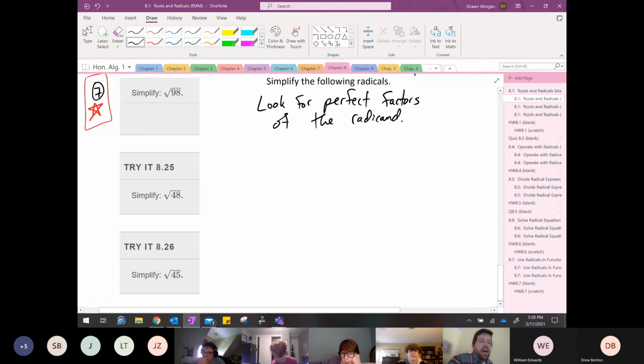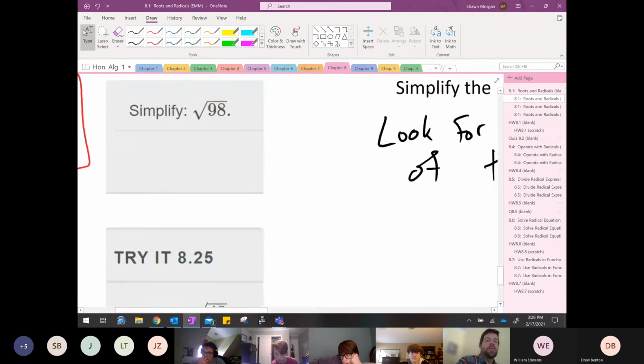So in the first example, it's 98. That's our radicand. We're going to be looking for the perfect factors. Okay, like for example, 98, I could split it up. Let's zoom in here. I could split it up as 49 times 2. Okay, just using a little arithmetic.